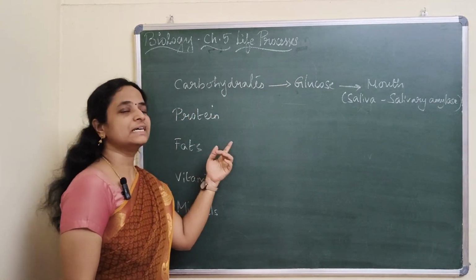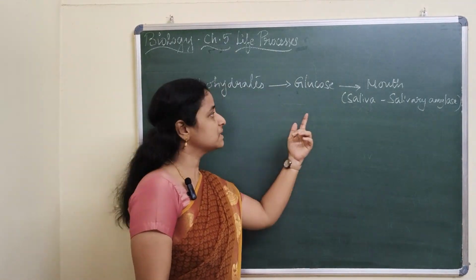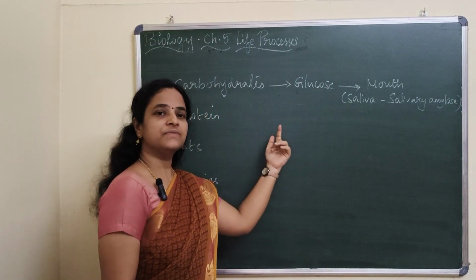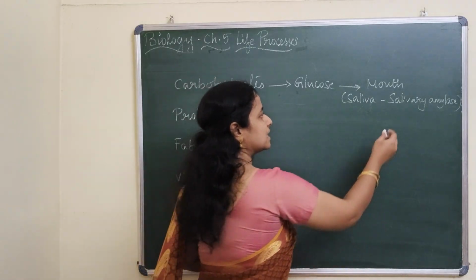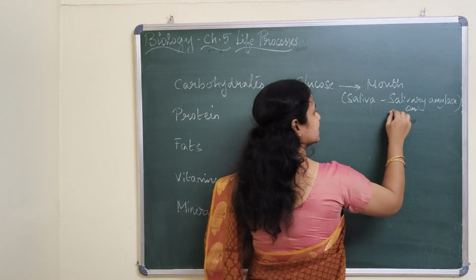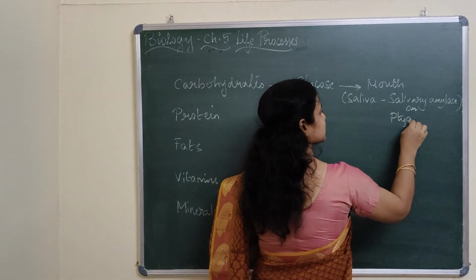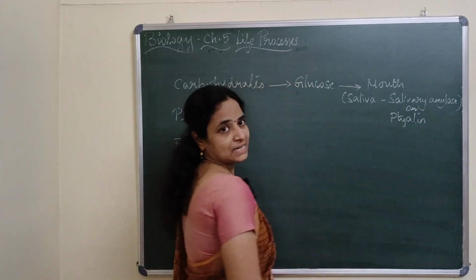The initial digestion of carbohydrates takes place in the mouth with the help of saliva carrying an enzyme called salivary amylase. Salivary amylase is also called ptyalin.